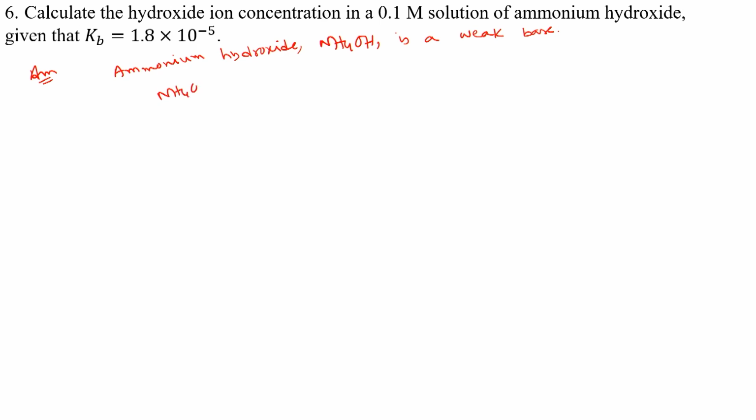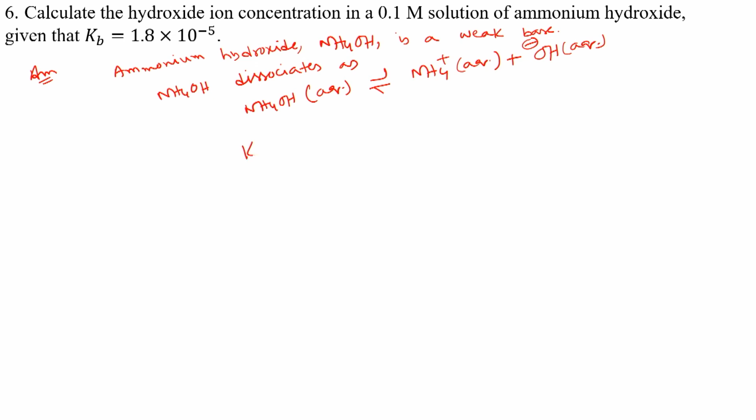So, NH4OH dissociates as NH4OH aqueous gives NH4 plus aqueous plus OH minus aqueous. Now, Kb is products by reactants. So, concentration of NH4 plus times concentration of OH minus by concentration of NH4OH, right. Okay.